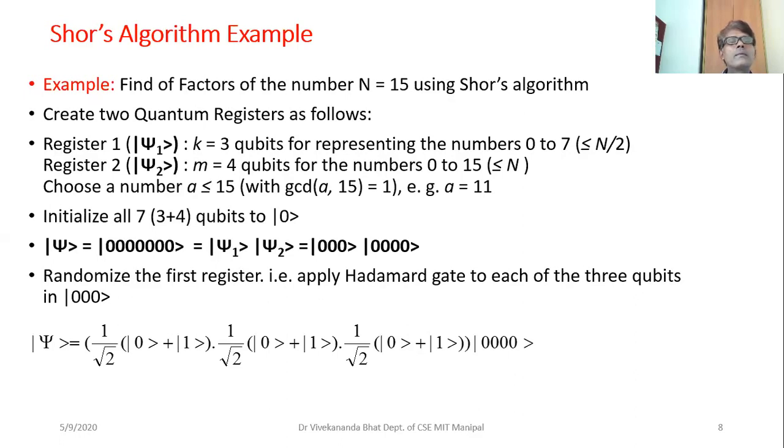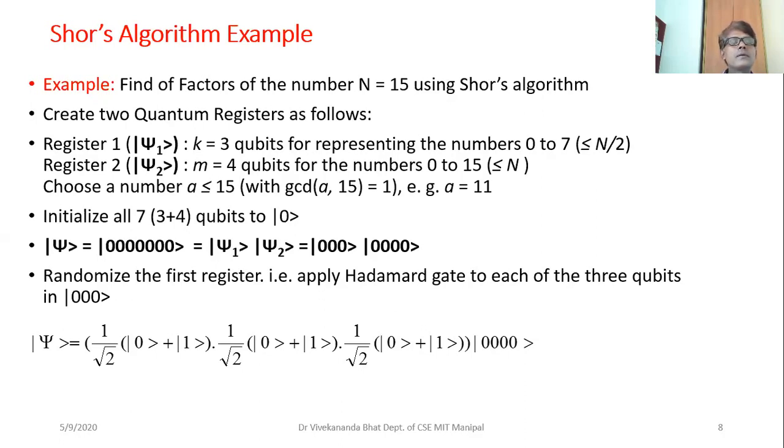Create two quantum registers as follows. Register 1, ket psi 1. Here we are using 3 qubits for representing the numbers 0 to 7. That is less than or equal to n by 2, that is approximately n by 2, which is 7.